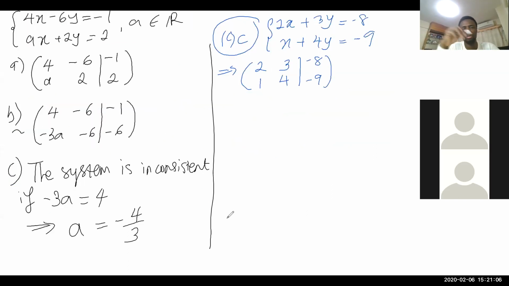Okay, so what is the easiest thing to do? This already has 1. Remember, the possible things you can do in the row operation is to either interchange, yes, or what? Do you remember those 3 things you can do in the row operation?